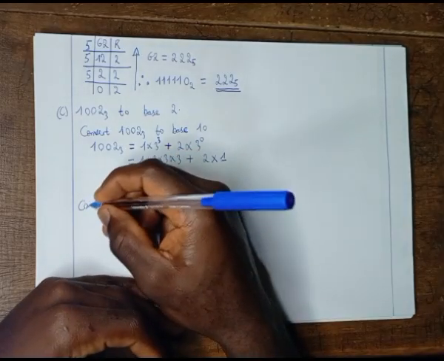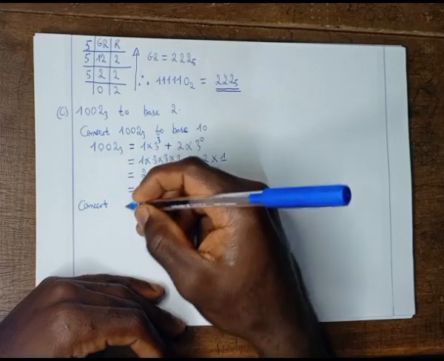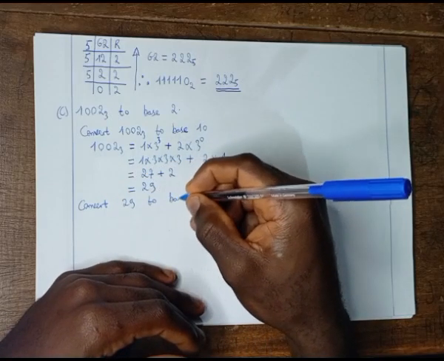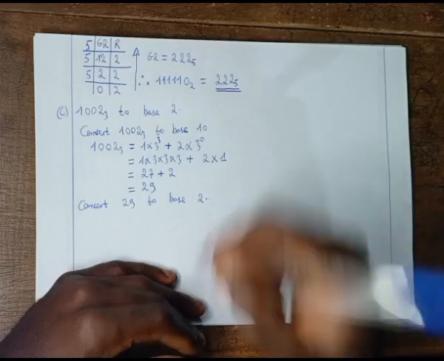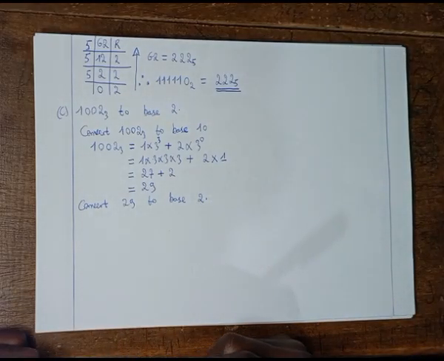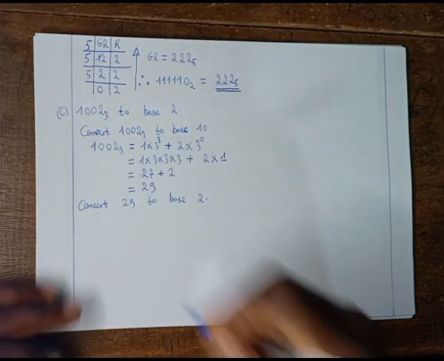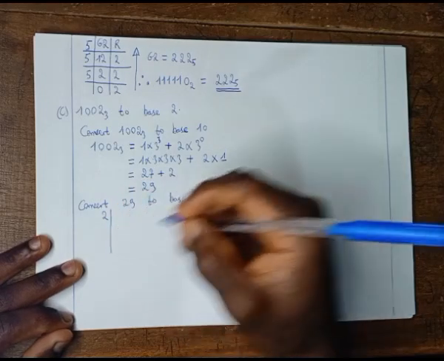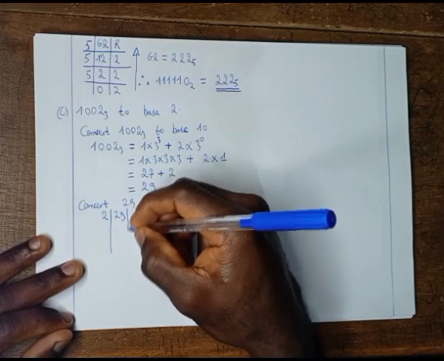Next step, we have to convert the number 29 to base 2. We are going to make use of repeated division. For the first column, we have the new base, which is 2. The second, we have 29.